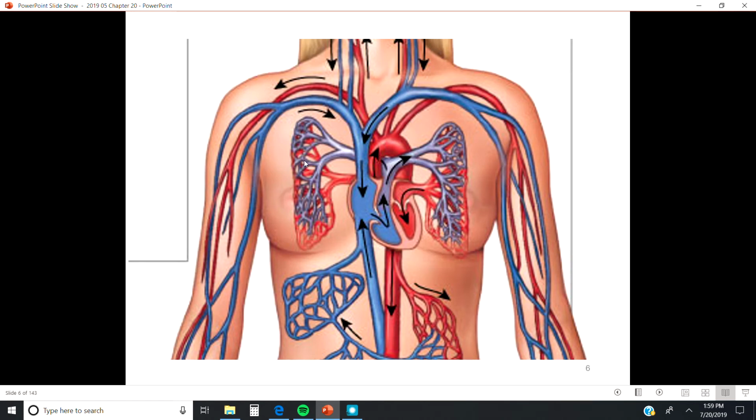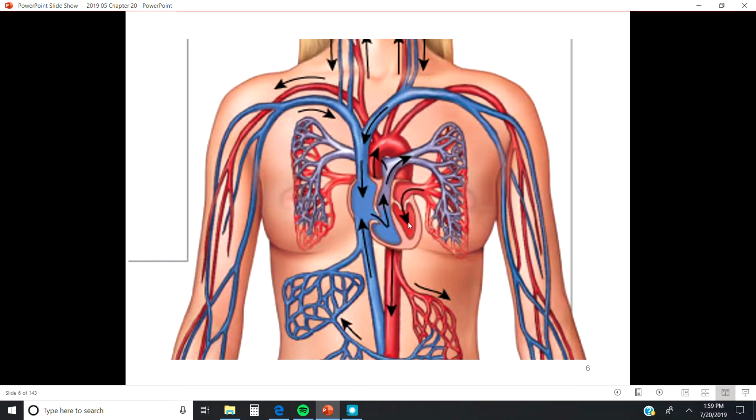So what I did was I blew up that picture to show the heart a little bit easier. What we can see here on the right is deoxygenated blood, and then it's going to get pumped to the lungs. So this over here represents the capillaries in the lungs, and the same thing over here. Once gases have been exchanged, where oxygen goes into the blood and CO2 comes out of the blood, the blood is going to return back to the heart oxygenated.